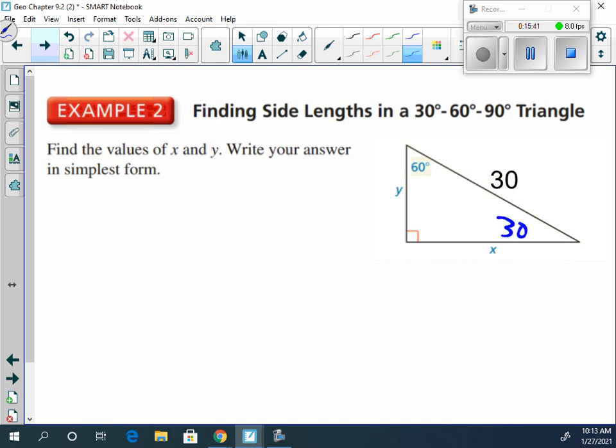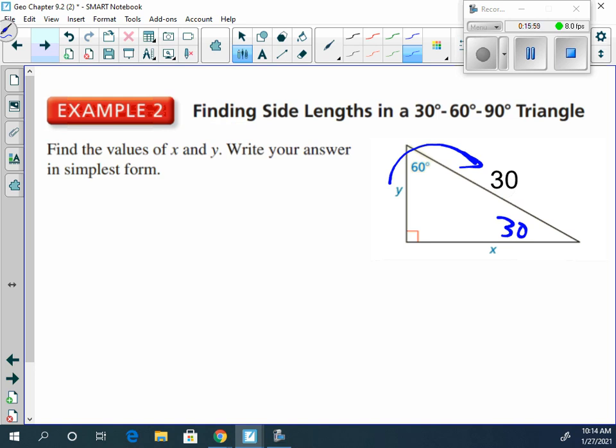Right, they didn't give us the side opposite 30 degrees this time, did they? What did they give us? The hypotenuse, yes? Now, normally we go from y, the shortest side, the side opposite 30, to the hypotenuse by multiplying it by what? 2.